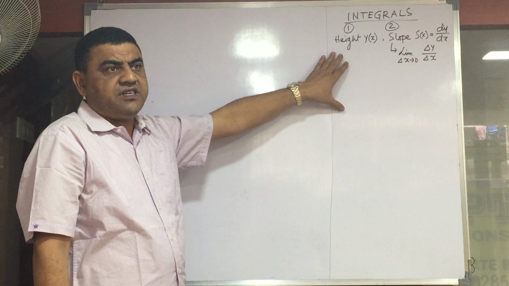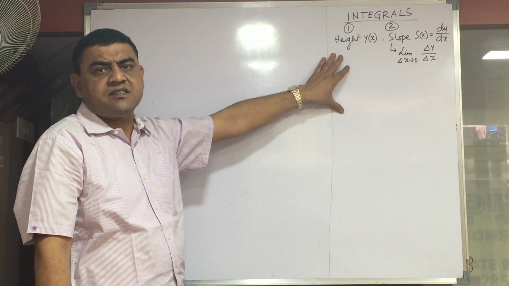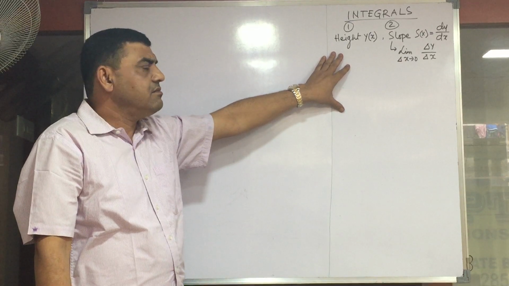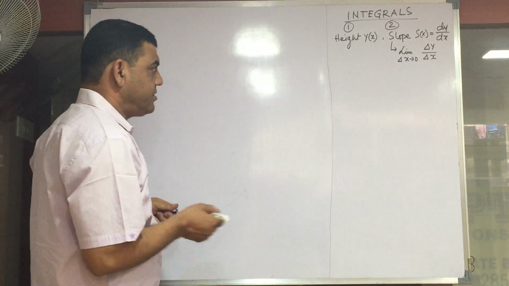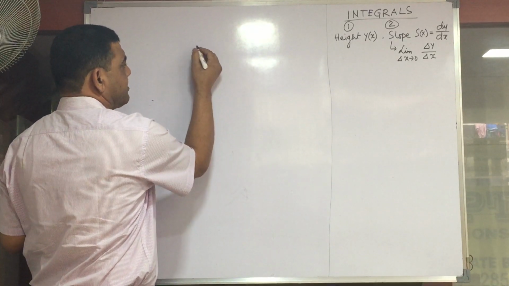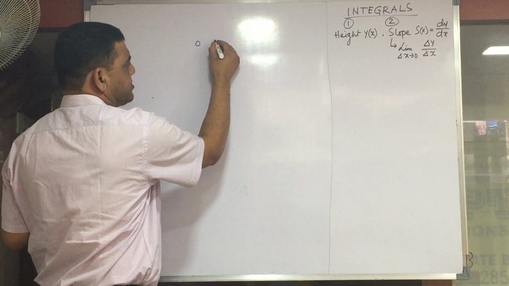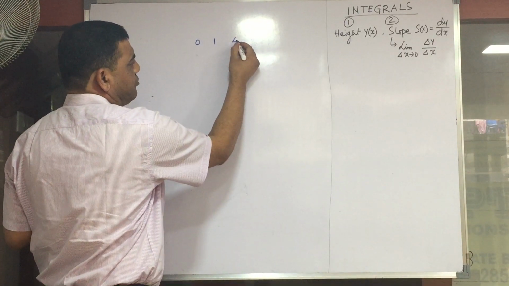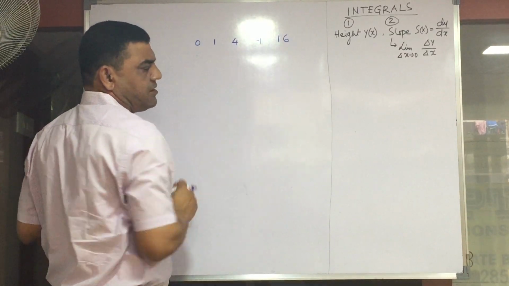If we try to understand the basis of integrals, let us take a simple arithmetic approach. Suppose the heights are 0 at one instant, next instant 1, then 4, 9, say 16.